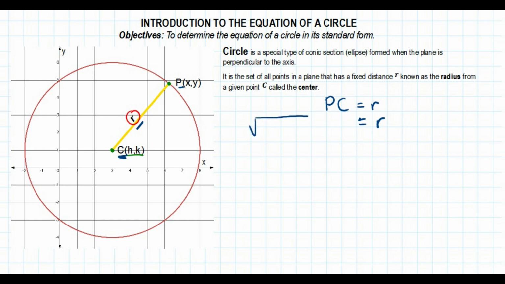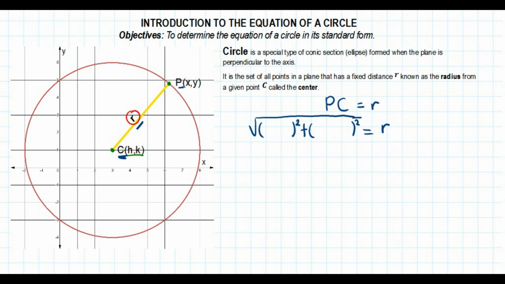Habaan lang natin. The sum of the squares of the 2 points.